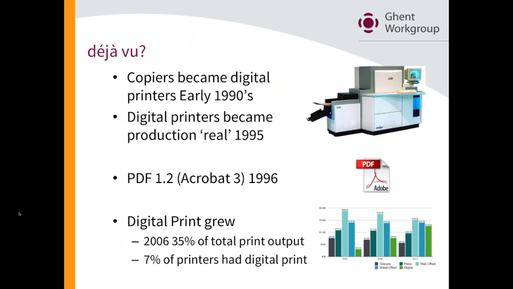Then the digital printers started to grow, and it kind of fed off of itself. In 2006, digital printing was 35% of total print output, and at that point 7% of the printers had digital print. So it moved rather quickly over this 10-year period, and you can see some of the shifts from 2004 to, in this case, 2014 in that graph.